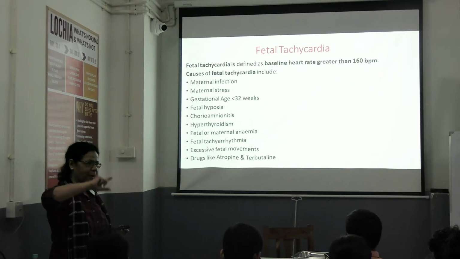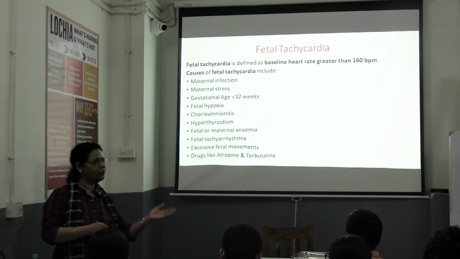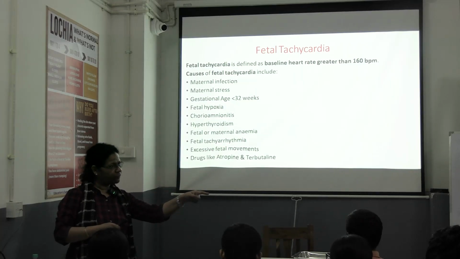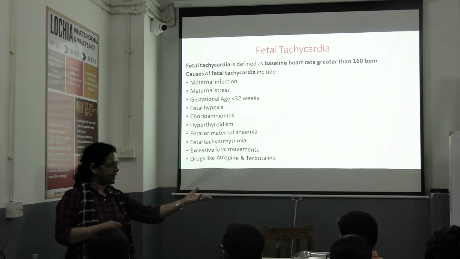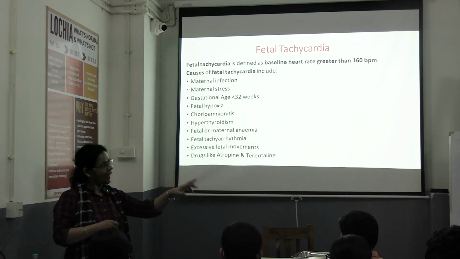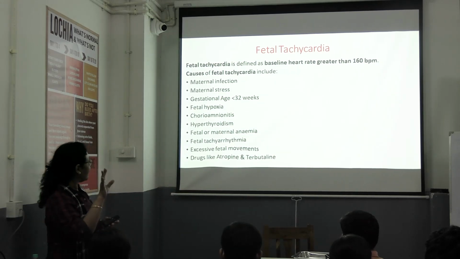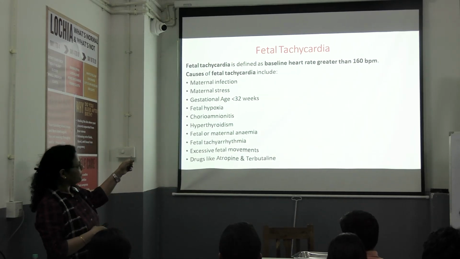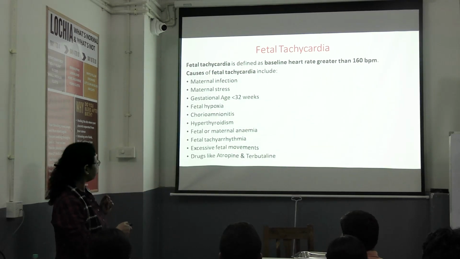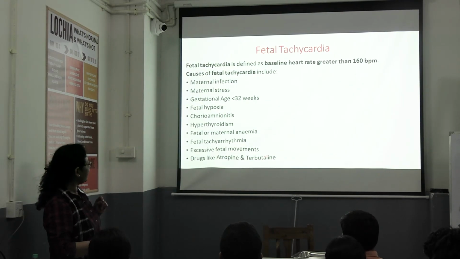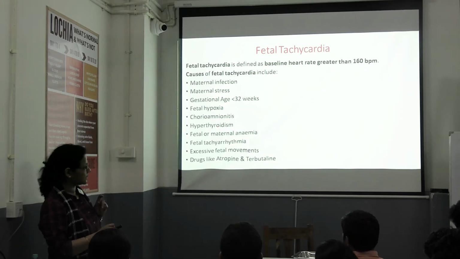They have polycythemia. So he is mentioning irrespective of gender, and gender is sex, and age. Anyway, that is a different discussion. But if there is anemia, then the heart rate will go up. Maternal or fetal anemia. Then fetal tachyarrhythmia, excessive movements and drugs we have discussed.